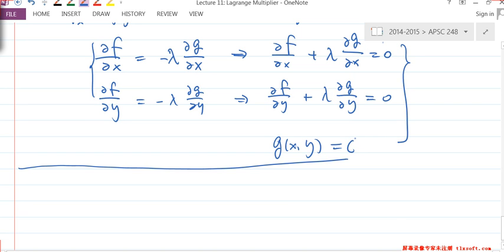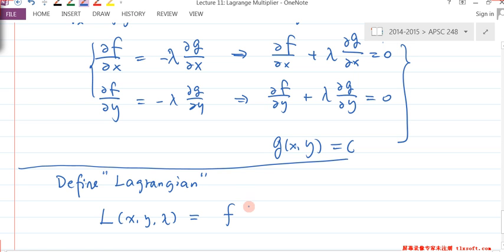So this is what happens here. We define another function, a so-called Lagrangian. We define a so-called Lagrangian here, defined by this, using a capital L right here. So the Lagrangian essentially is defined like this.